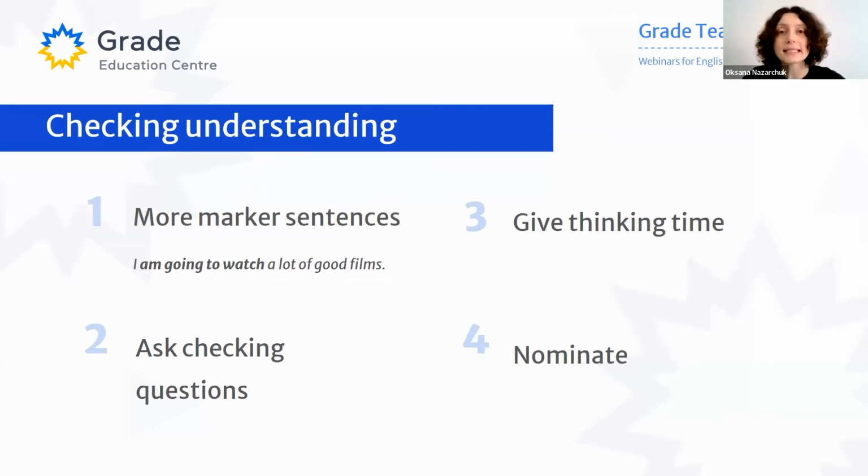But this time when I ask these questions, I start nominating. When we were eliciting, there was no nomination because it was important for me to just elicit it from anybody in the group. However, when I check understanding, I need to make sure that everybody, including the weaker students, understands the structure clearly and correctly.